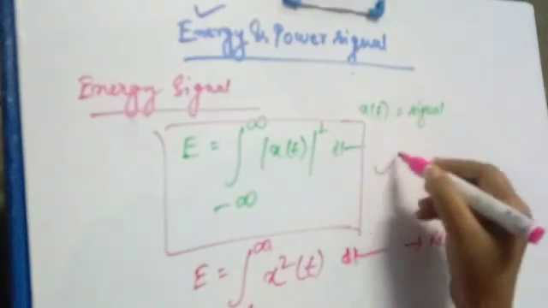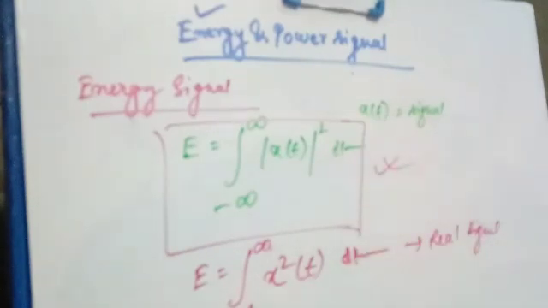For a complex signal, the mod formula is true, and for a real signal, this formula is satisfied.